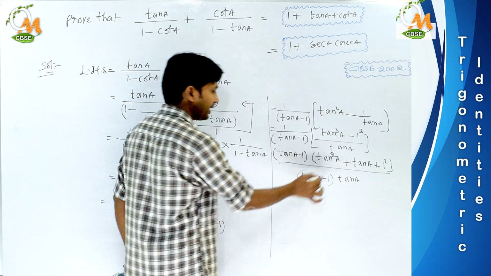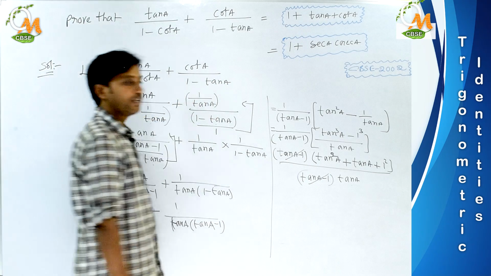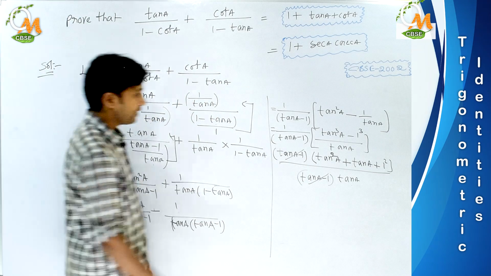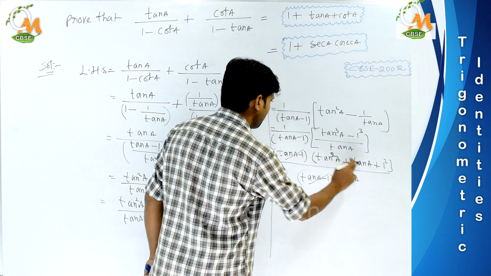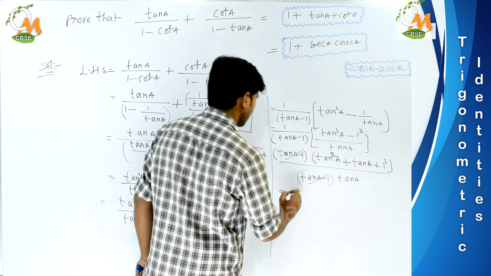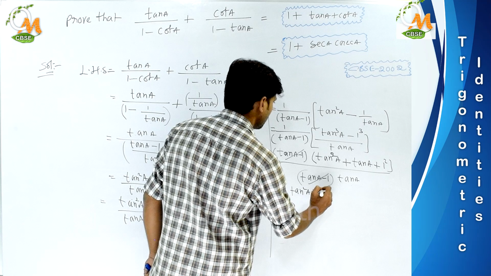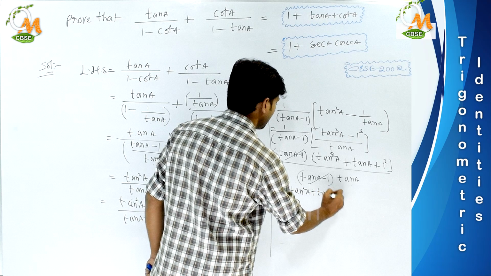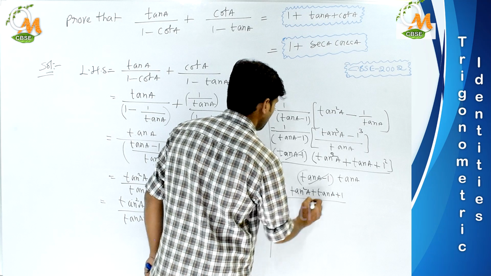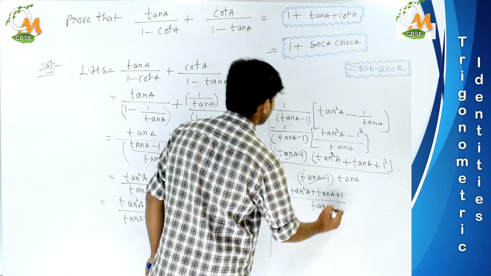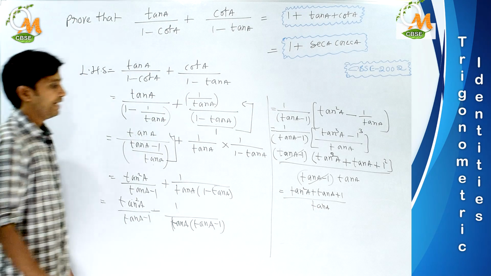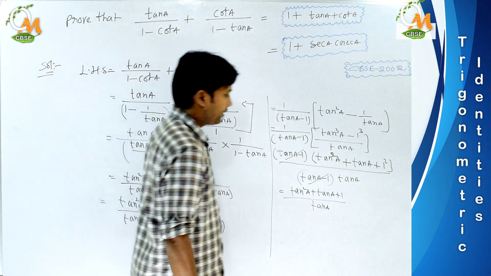Okay, now you can cancel tan A minus 1 in numerator and denominator part. What did you obtain now? So tan square A plus tan A plus 1 by tan A. Okay, by tan A. So what can you do here?